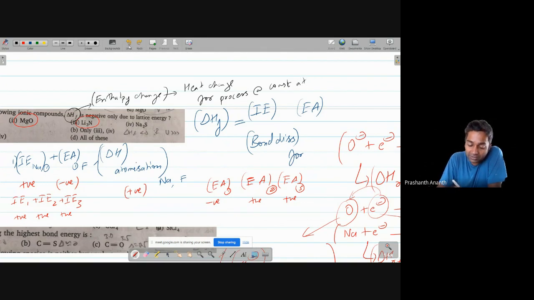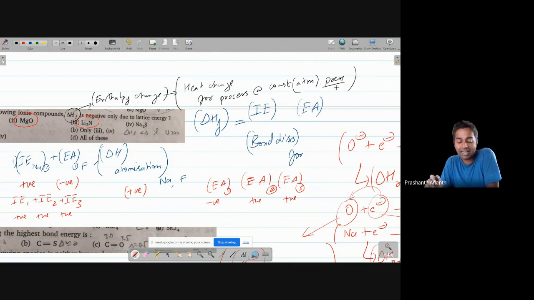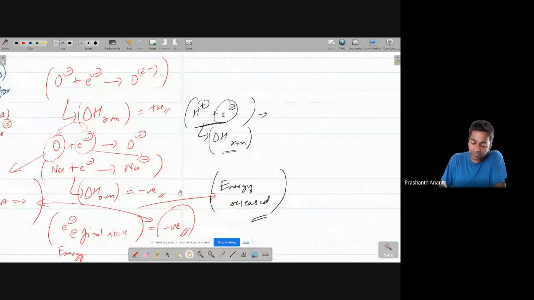Basically, it's an open box or a closed box, anything, it doesn't matter where you do it. If you have a reaction happening inside a closed container or an open container having atmosphere outside, it is going to be enthalpy change, which is what you measure as the heat change for the process. So in this case, heat change, energy change for the process.